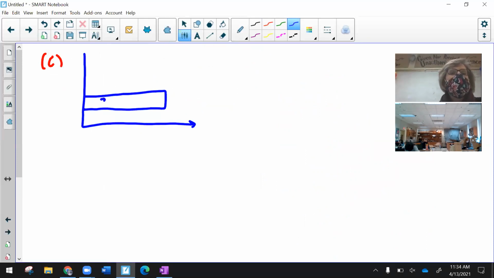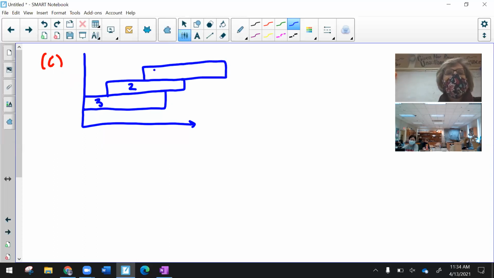So here's going to be brick 3, here's going to be brick 2, and here's going to be brick 1. Center of mass of brick 1 is going to be here. Center of mass of brick 2 is going to be here. Center of mass of brick 3 is going to be there.